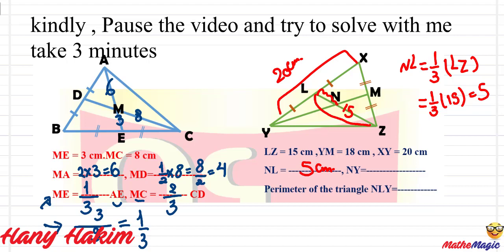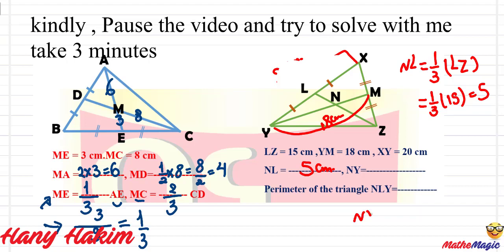He asked you to find NY. NY is the part represented by 2 parts from our ratio. He gave you YM, our median, equals 18 centimeters.